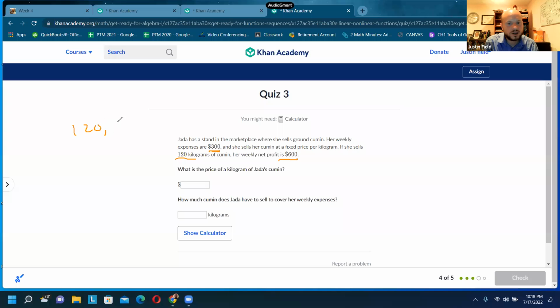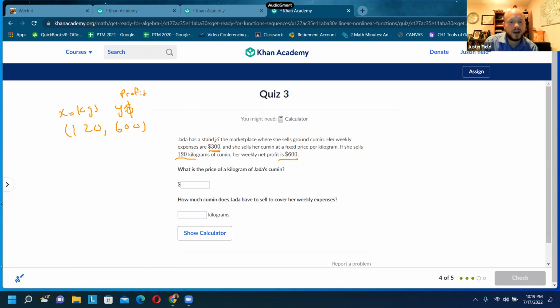So 120, so this is kgs, and this is dollars, right? So that's my variables. This is profit. So notice this is expenses. So what's going on here is Jada has to spend $300.